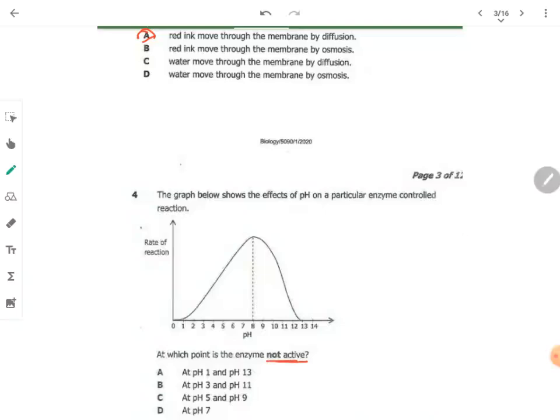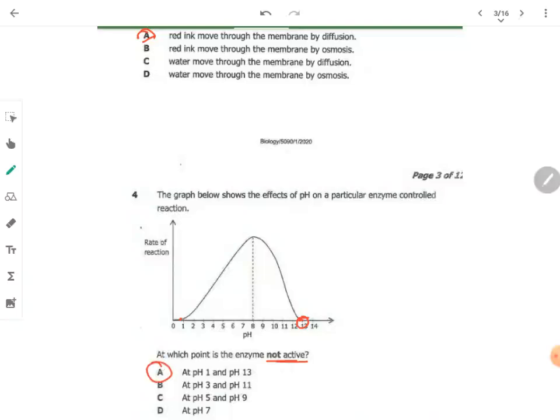Looking at this point here, 13 is the last point where the graph reaches, and 1 is where it starts. The pH 1 is the lowest and the pH 13 is the highest. At the higher pH, the enzymes are not active. At the lower pH, the enzymes also are not active. So the answer here is A.